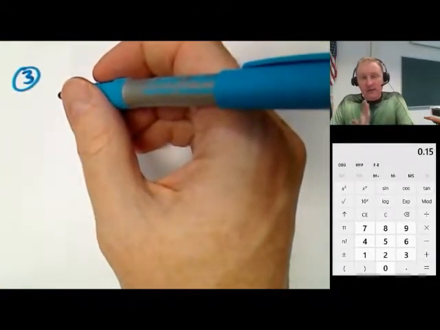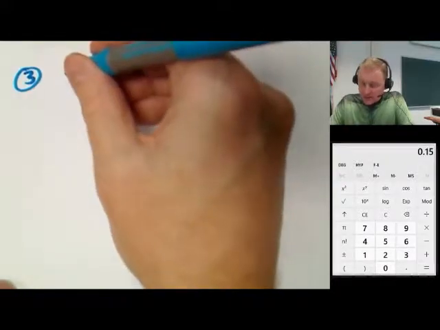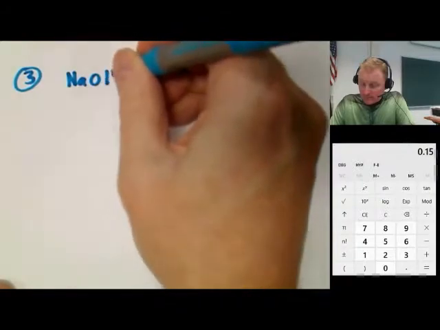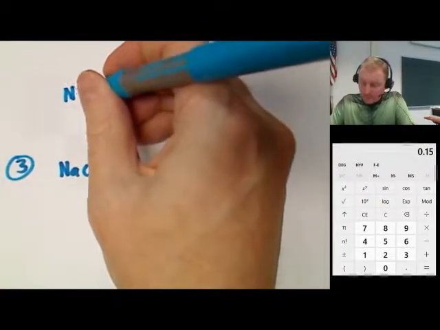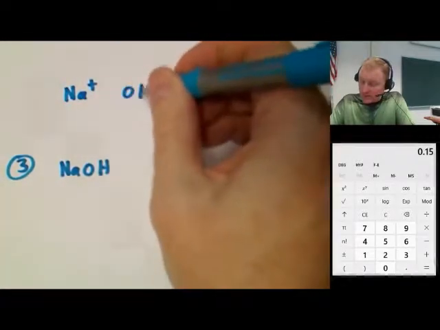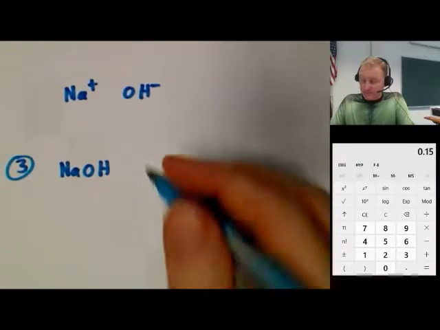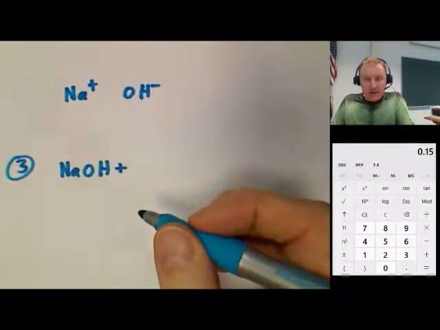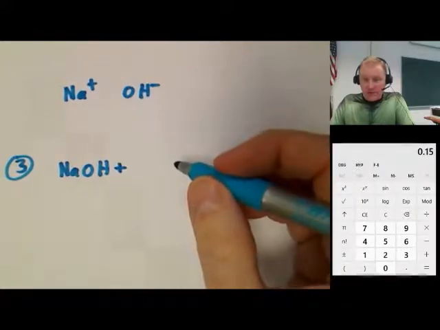When you react, sodium hydroxide is NaOH. How do I know it's that? Because sodium is +1 and hydroxide is -1. So that's why it's NaOH. And NaOH is going to react with ammonia, which is hydrogen nitride.